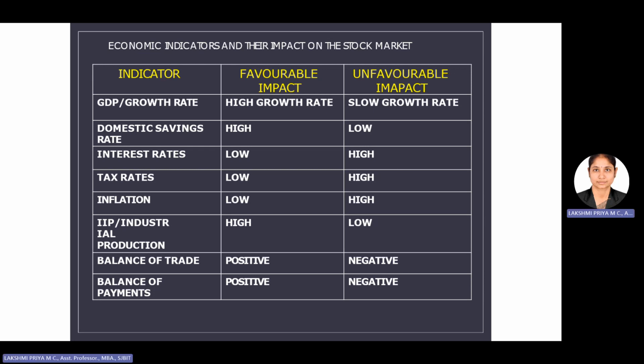The base rate range for scheduled commercial banks would be some 8.25 to 9.5%. As of now, for private banks, it would be 8.20 to 10%, and for foreign banks, it would be 6.25 to 11.75%. This base rate is influenced by the RBI's bank rate, the repo rate, and the cash reserve ratio.